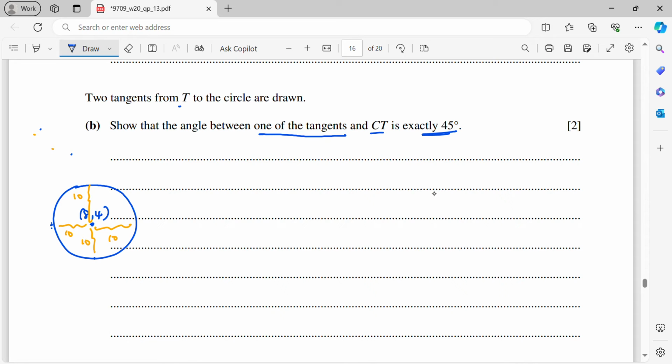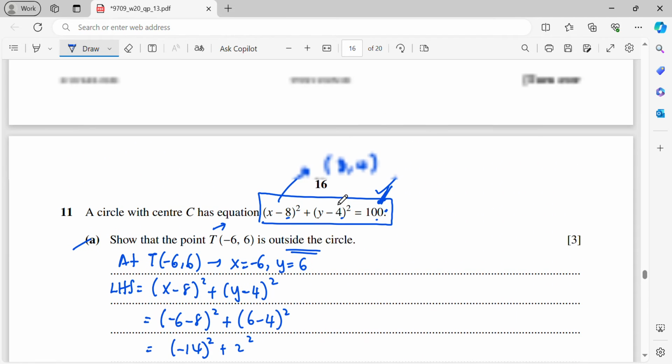So roughly here. This is negative 2, here is negative 6. Let me check. When x is 0, I need to find out what my y is.